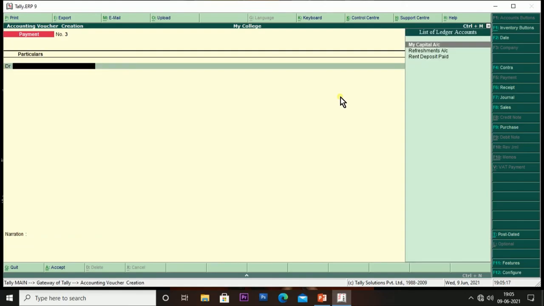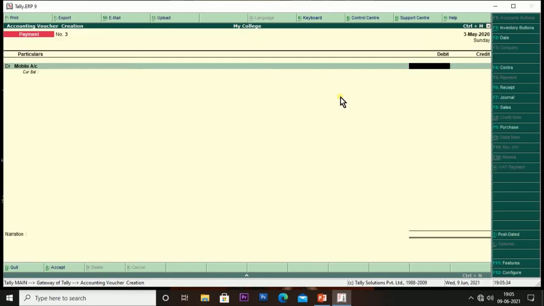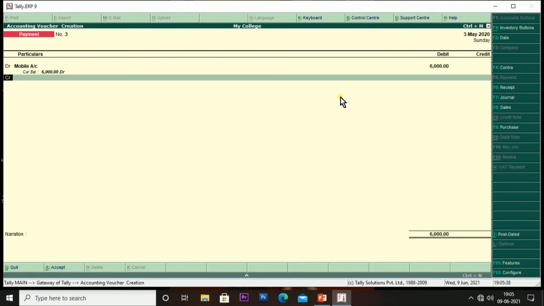Next we will see one more payment voucher. Maybe I want to purchase a mobile. I'll take Alt C, mobile account, under fixed asset. Mobile account debit 6,000 and credit to a party.